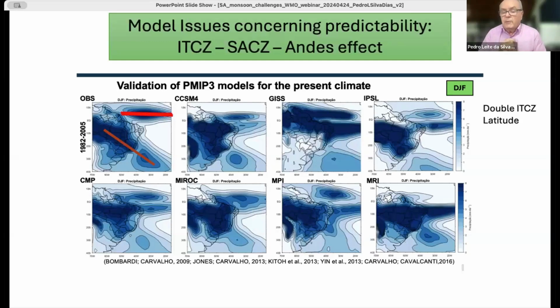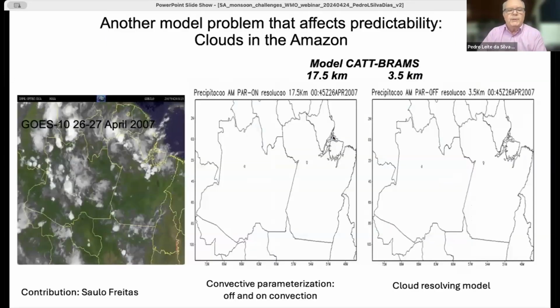This is something that I've been putting a significant amount of effort into trying to understand, the relationship of this positioning of the ITCZ to how well the model reproduces the AMOC, the Atlantic Meridional Overturning Circulation. It seems very clear that there is a very tight link between having a bad description of the AMOC and having an ITCZ in the wrong place.